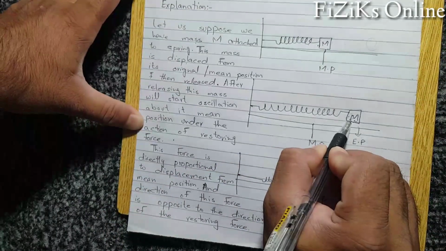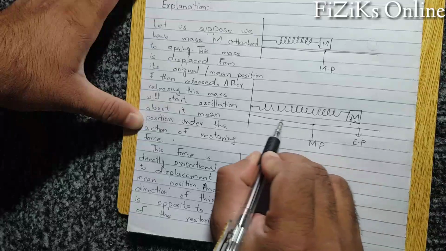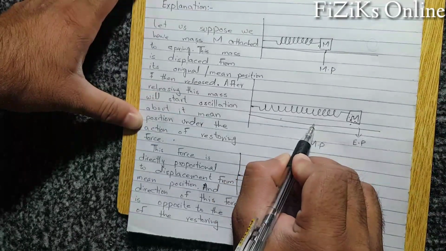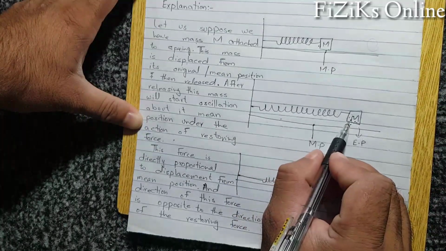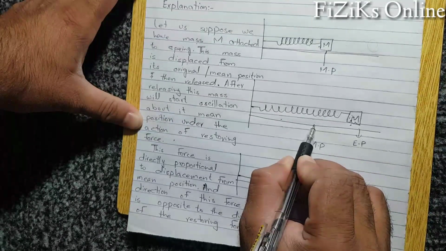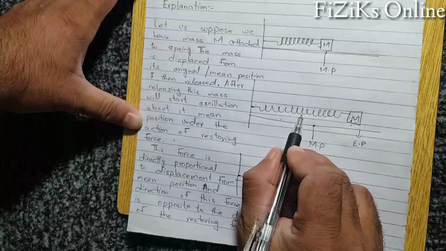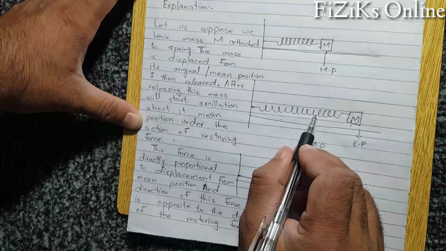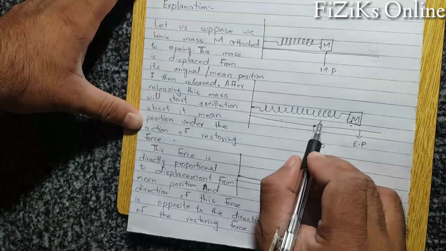When we release it, it will move towards the mean position and then towards the left extreme position, then again towards the mean position, and will continue in this manner. The force which compels this mass to come to its mean position is the restoring force. This restoring force in the mass spring system is provided by the tension in the spring. This force is directly proportional to the displacement from the mean position.